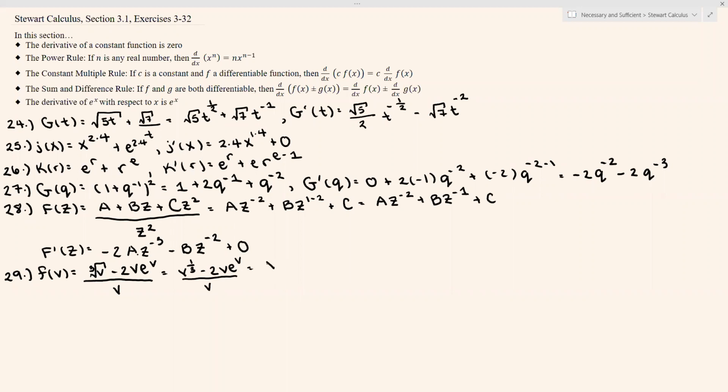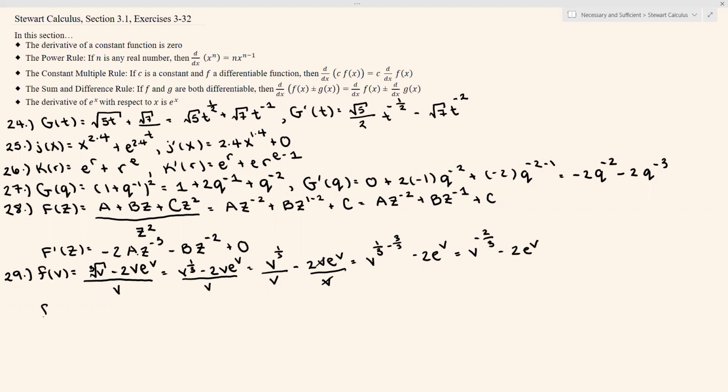This is the same thing as v to the 1/3 over v minus 2v e to the v over v. The v and the v, those divide to 1. So this is equal to v to the 1/3 minus 1, so minus 3 over 3, minus 2e to the v. So this is v to the minus 2/3 minus 2e to the v.